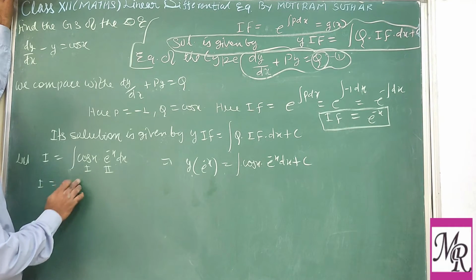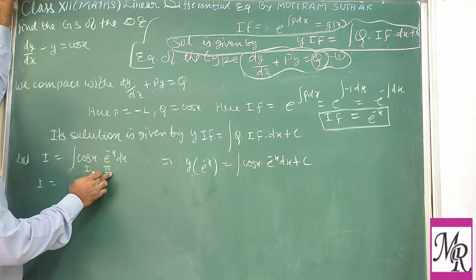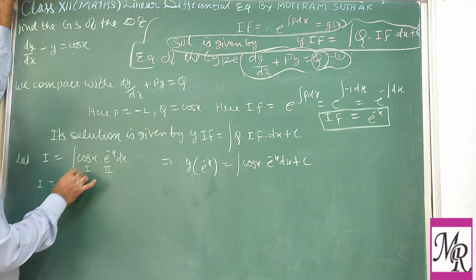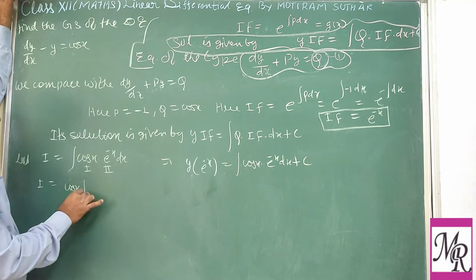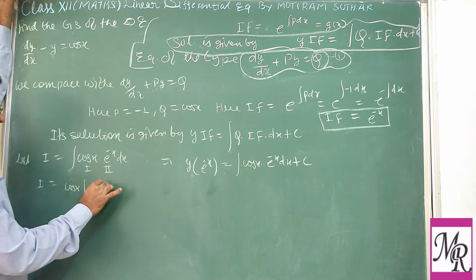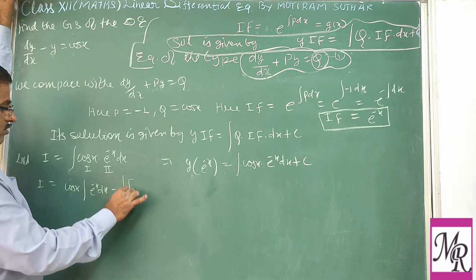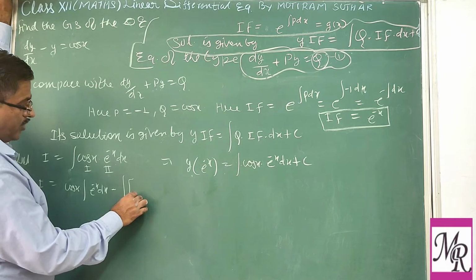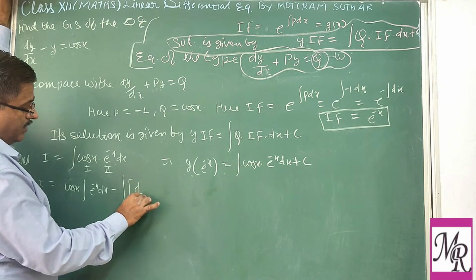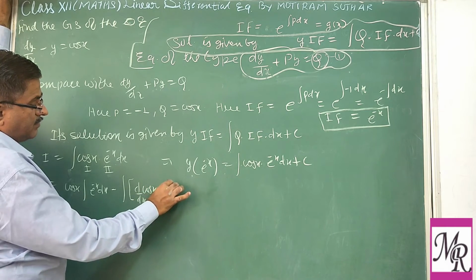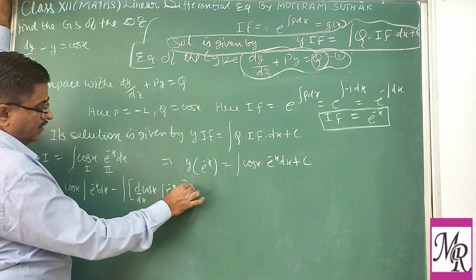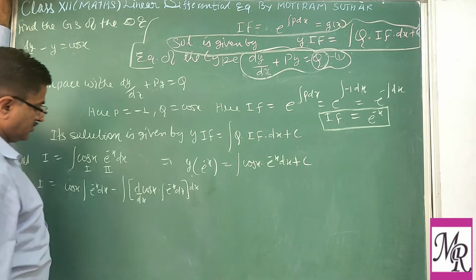Using the product formula: first function, that is cos x, times the integration of the second function, minus the whole integration of the product of the derivative of the first function and the integration of the second. This formula we have already used.